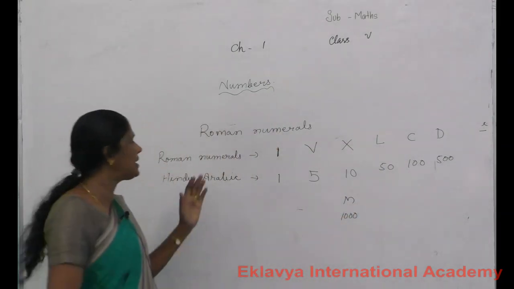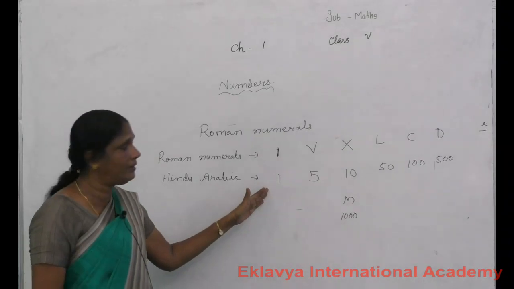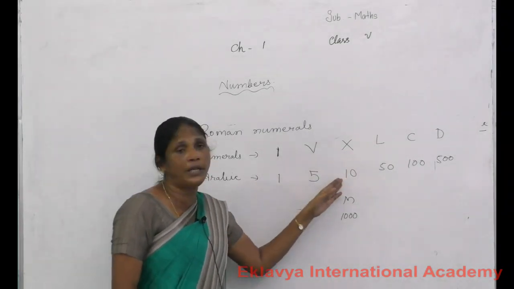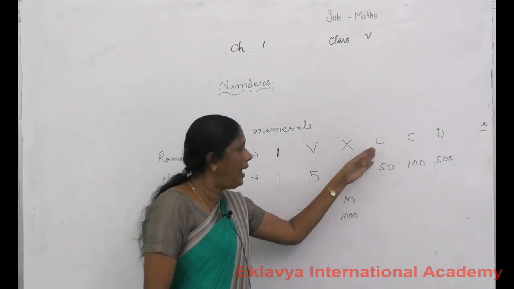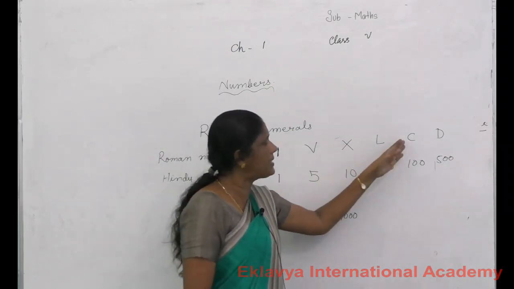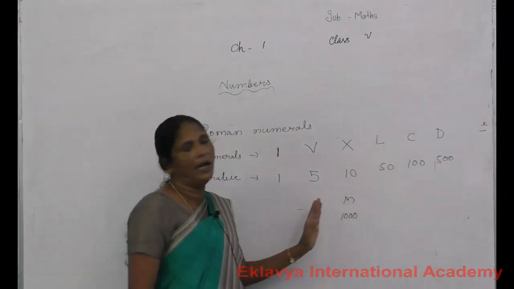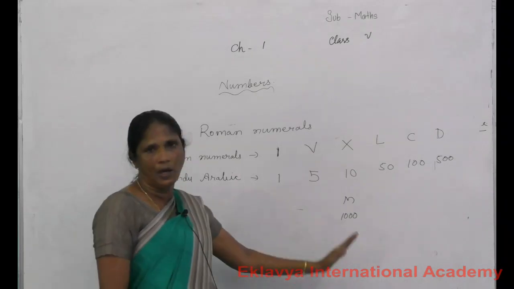What are the symbols? I stands for 1, V for 5, X for 10, L for 50, C for 100, D for 500 and M for 1000.